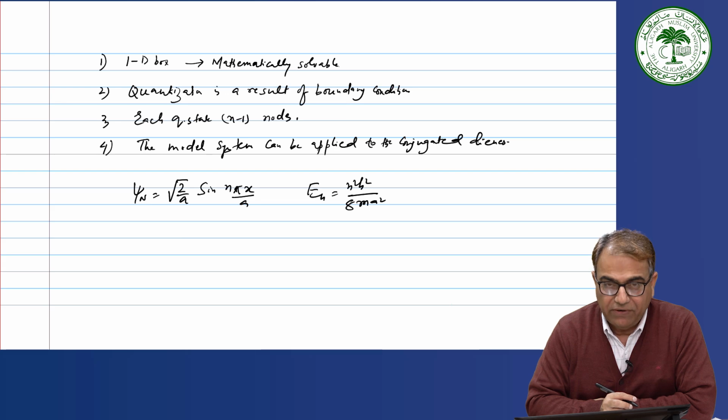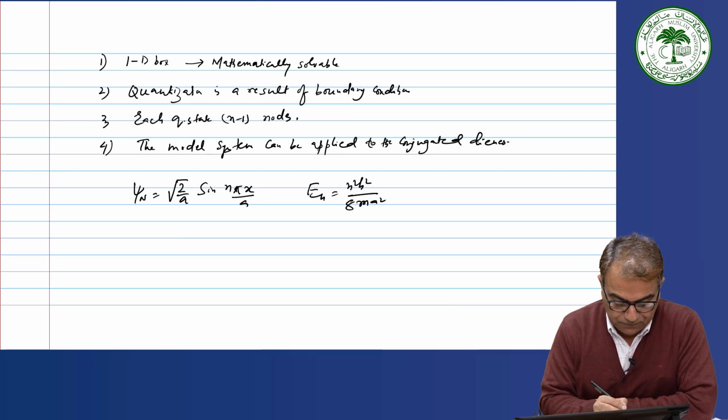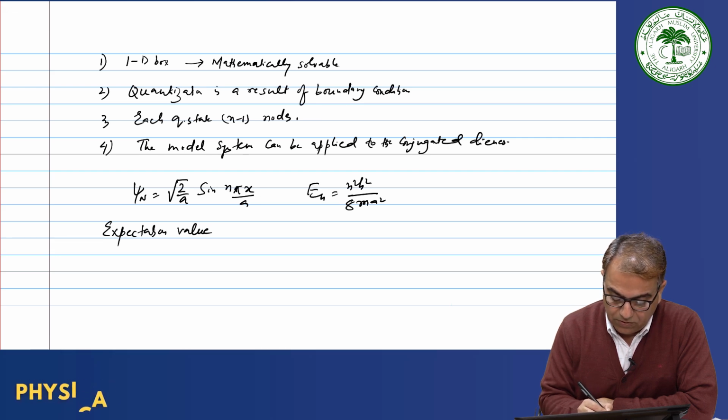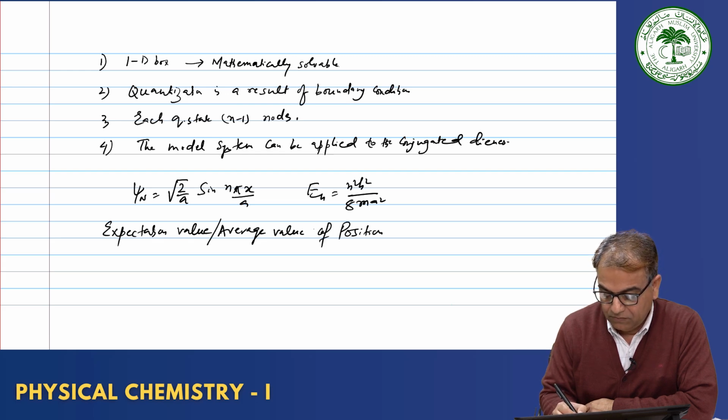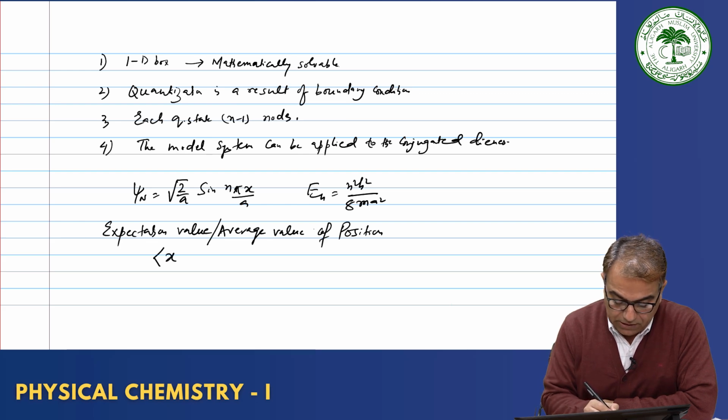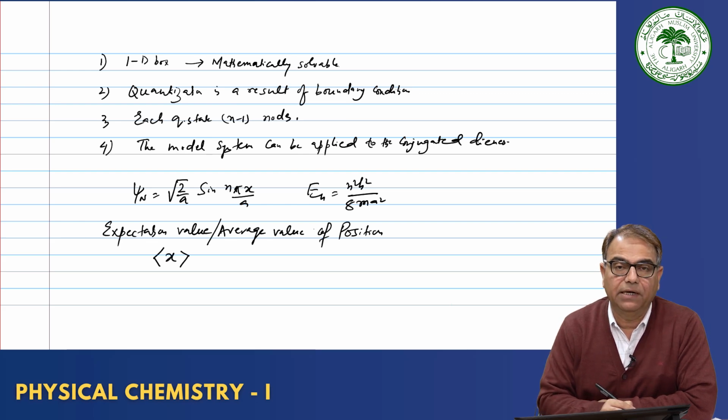So let's calculate one of the expectation values, or average value, of position. And how do we write this? We write this quantity in between angular brackets, <x>.